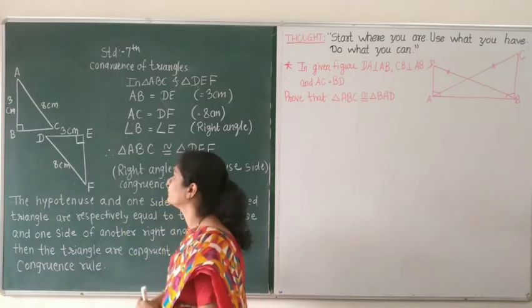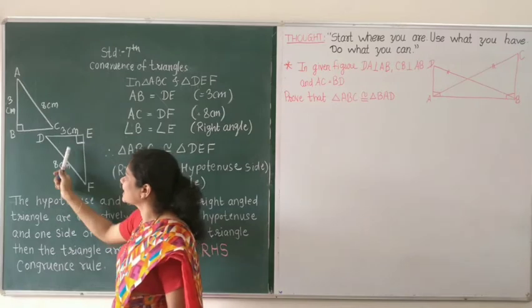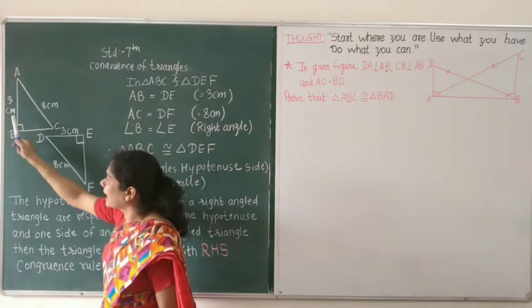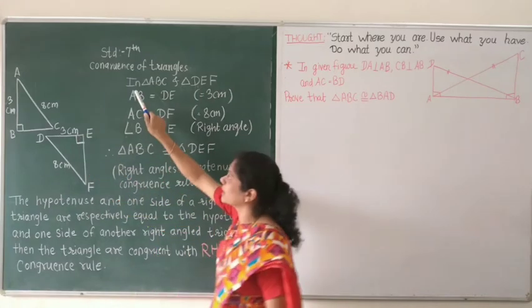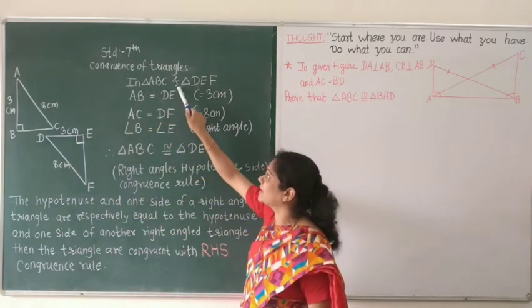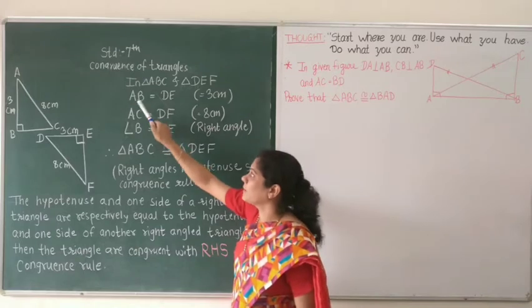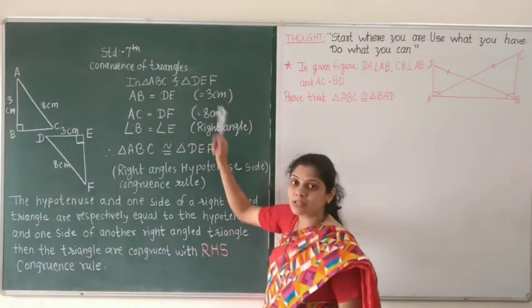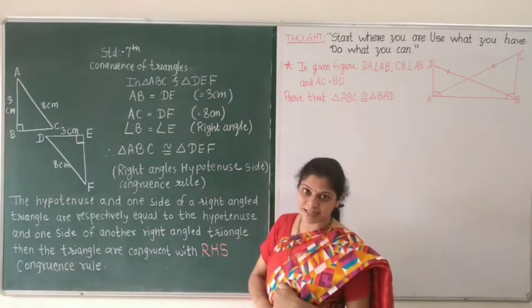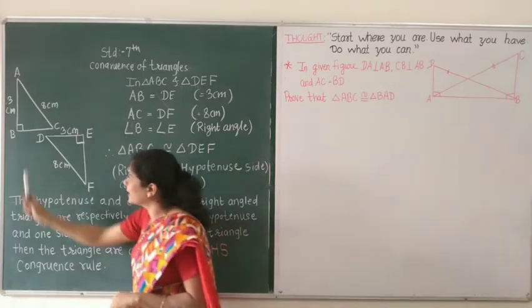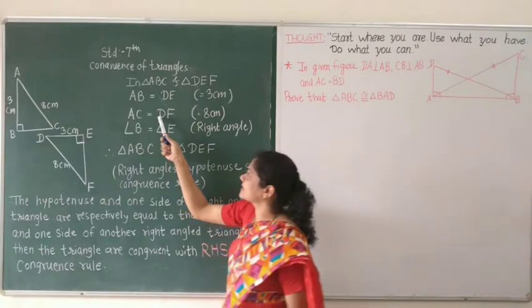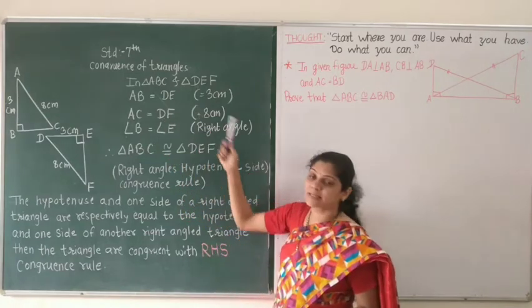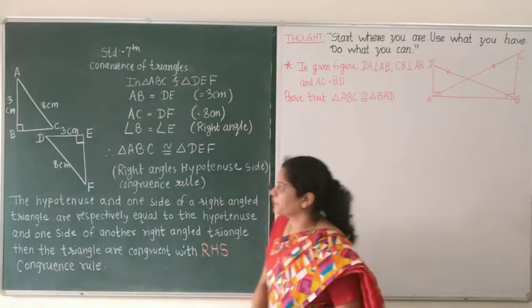Now we will study it. Okay, so how can we say that? Look here carefully. AB is 3 centimeter, like that DE is 3 centimeter. So look here, in triangle ABC and triangle DEF, AB is equal to DE because both measurements are the same, 3 centimeter. Then AC is equal to DF, because both measurements are 8 centimeter.